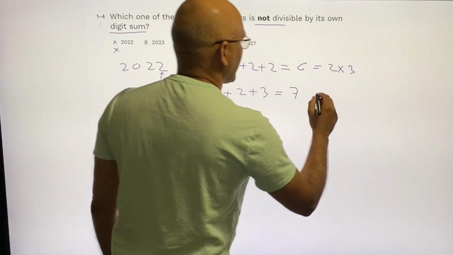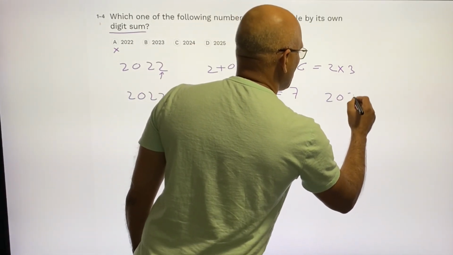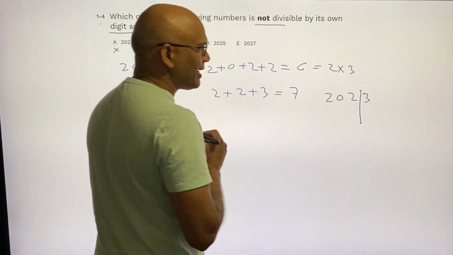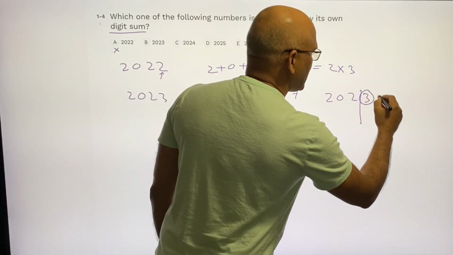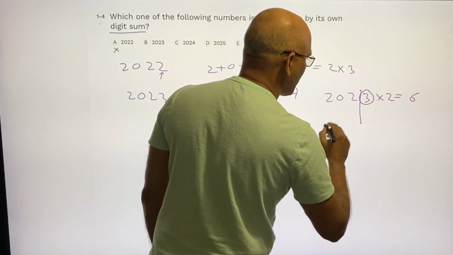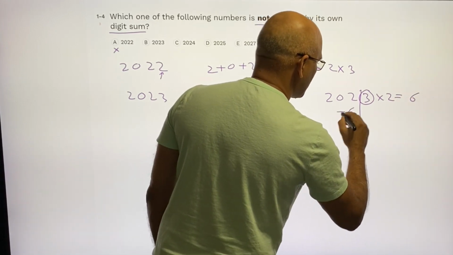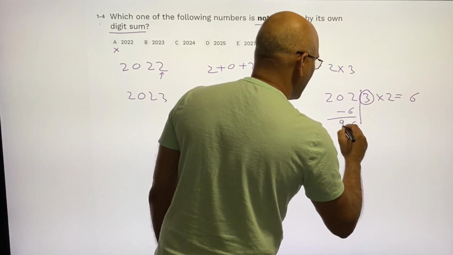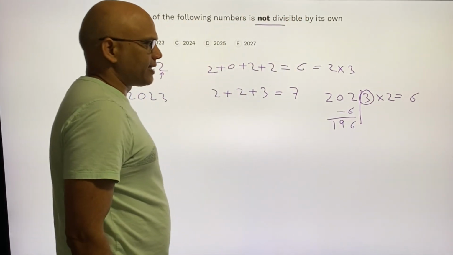Let me show you the technique. For 2023, I take out the last digit, multiply it by 2, so this gives me 6, and subtract it from the rest. So 202 minus 6 is 196.